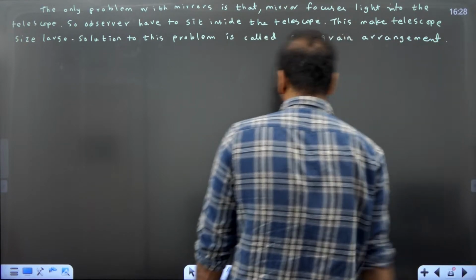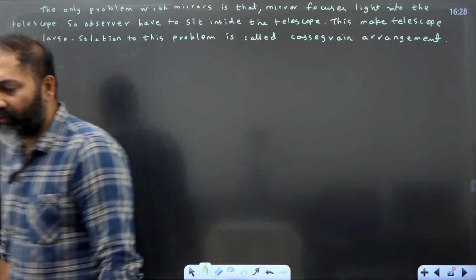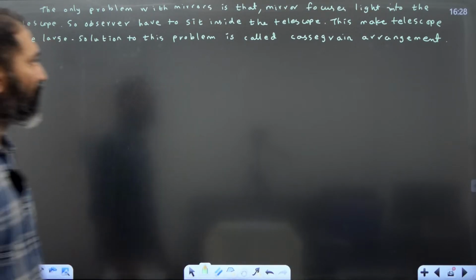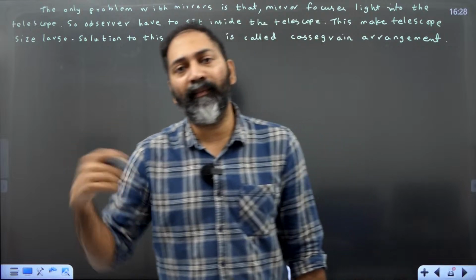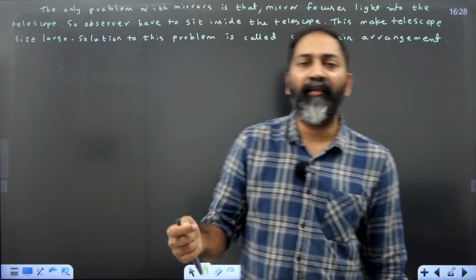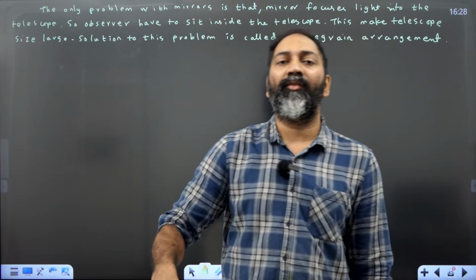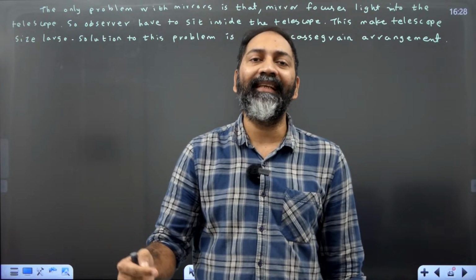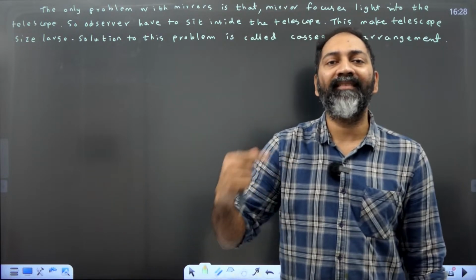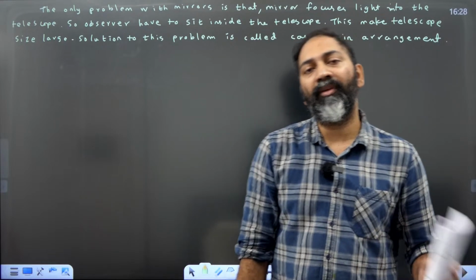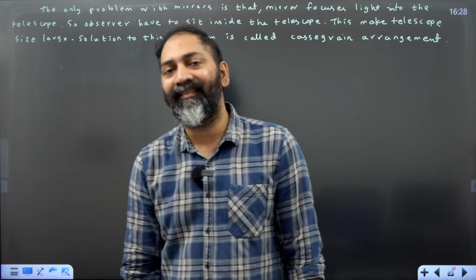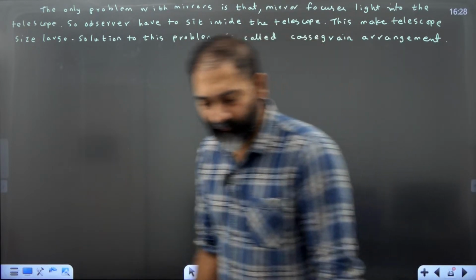We will see. So the only problem with the mirror is that it focuses light into the telescope, so the observer has to sit inside, and that makes the telescope size large. The solution to this problem is called the Cassegrain arrangement.